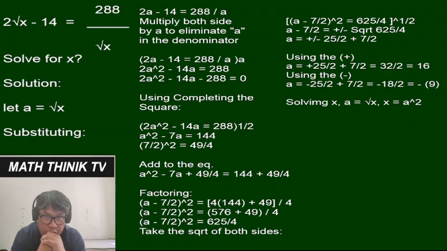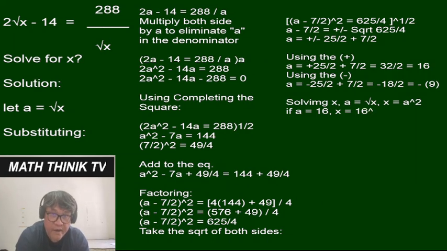So x is equal to a square. Okay, if a is 16, therefore x is 16 square, right? Or x is 256. 16 square is 256, right? So let us check.